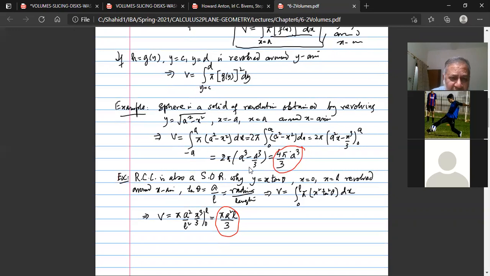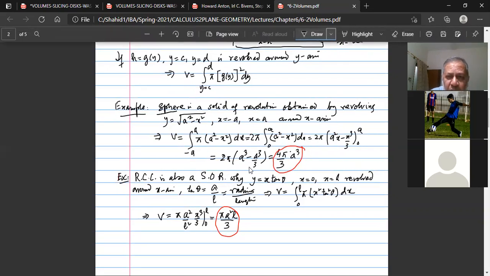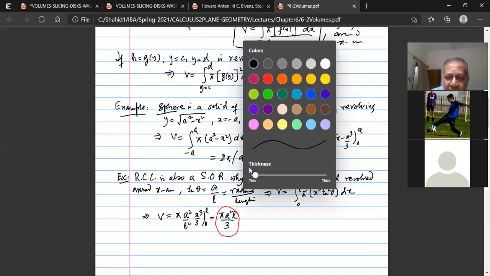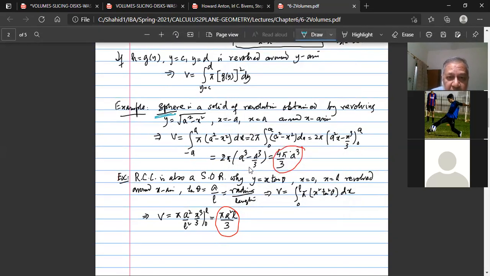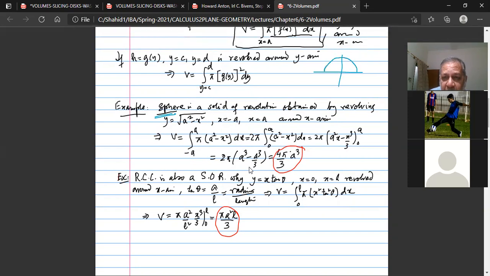For example, I want to go back to that circle problem, the sphere problem. A sphere can be considered as a solid of revolution. The upper part of the sphere is y is equal to square root of a square minus x square, and y is equal to minus square root of a square minus x square is the lower part of the circle.